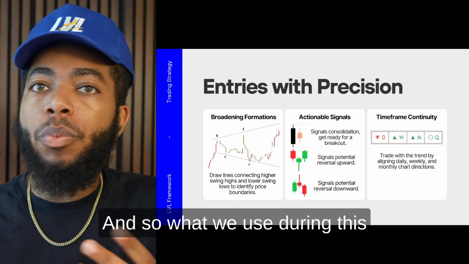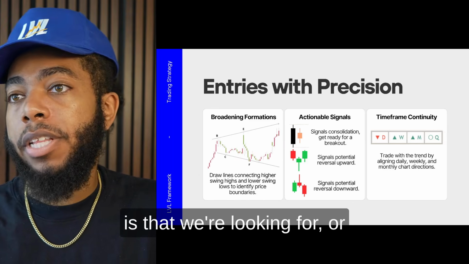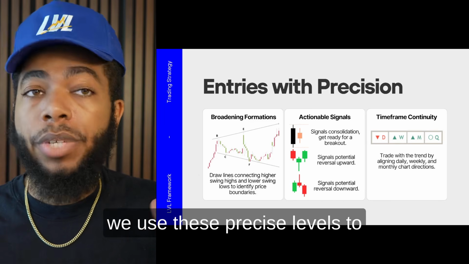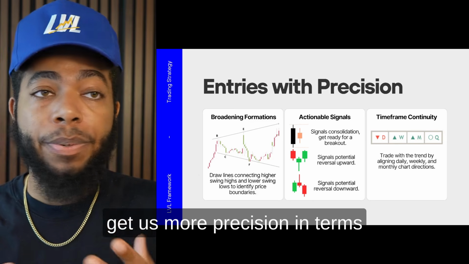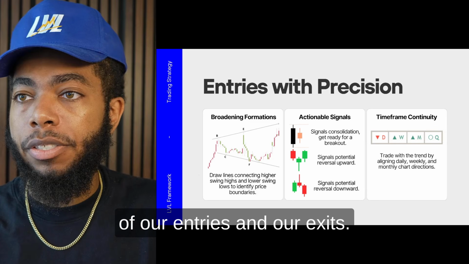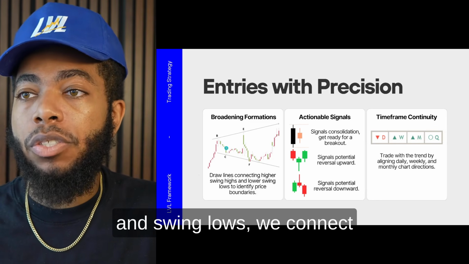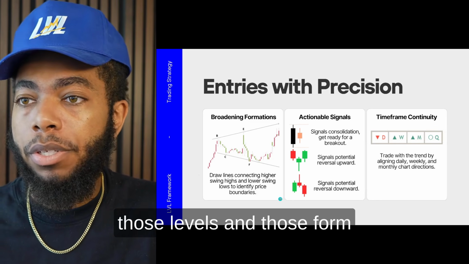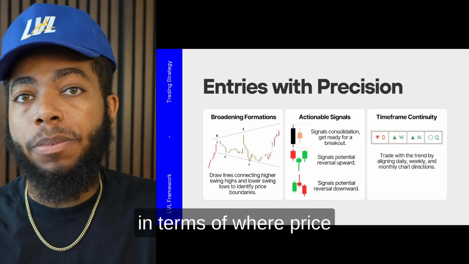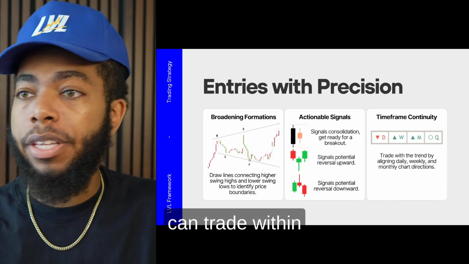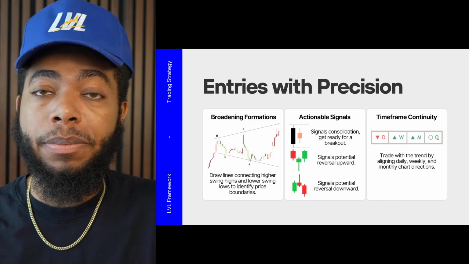We use these precise levels to give us more precision in terms of our entries and our exits. When we have swing highs and swing lows, we connect those levels and those form broadening formations, right? Essentially the playground in terms of where price can trade within and where it can also go.